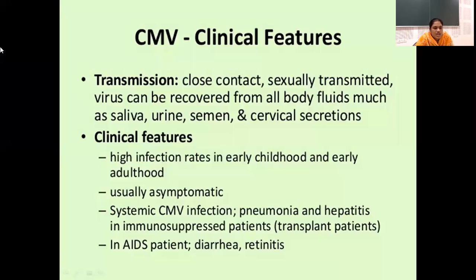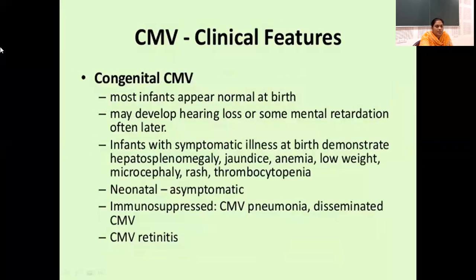Clinical features: a high infection rate in early childhood and early adulthood, usually asymptomatic, but systemic presentations like pneumonia and hepatitis can be present. In HIV patients, diarrhea and retinitis can be the presentation. Congenital cytomegalovirus is the most common type of presentation.